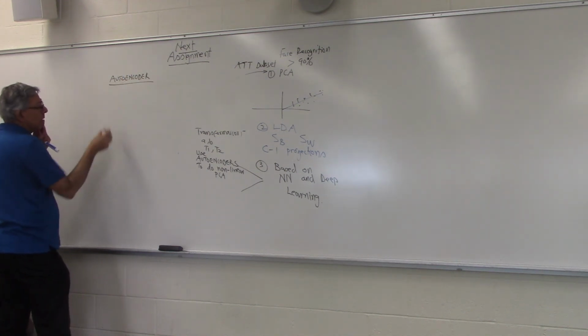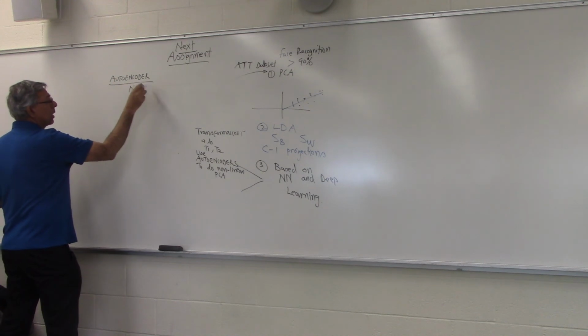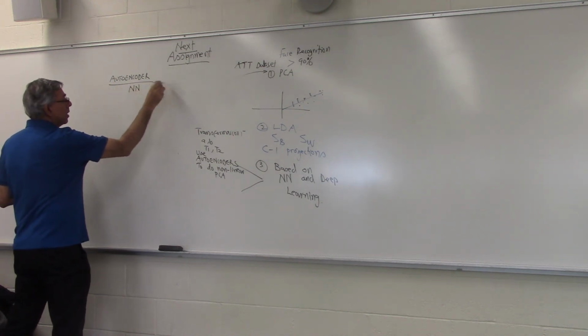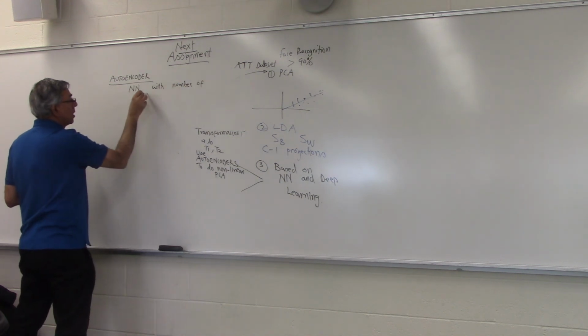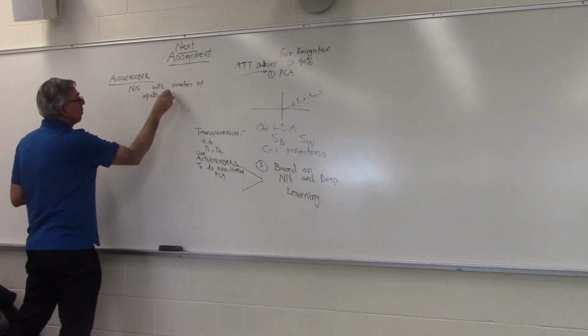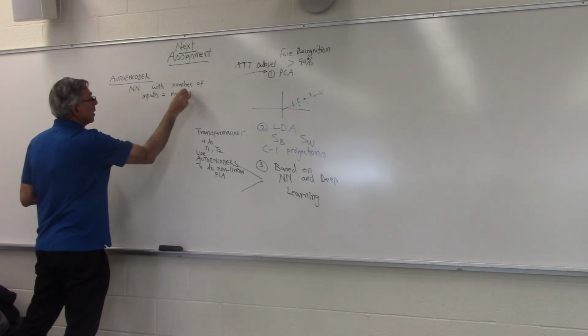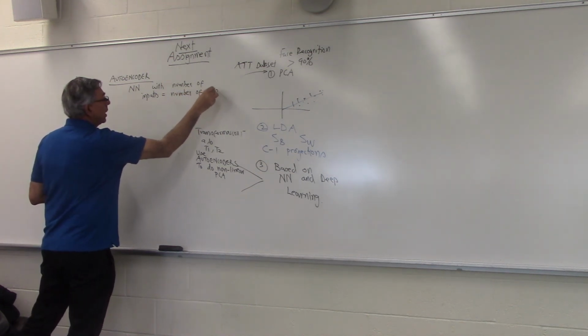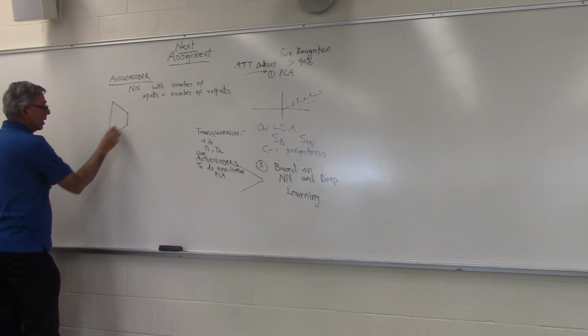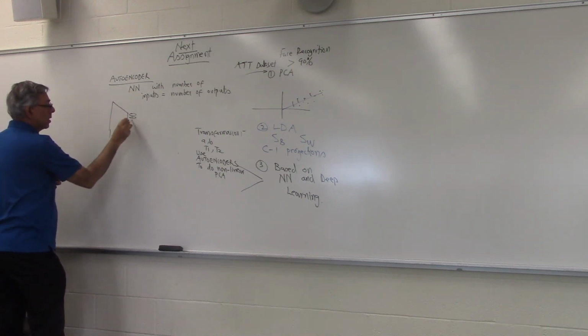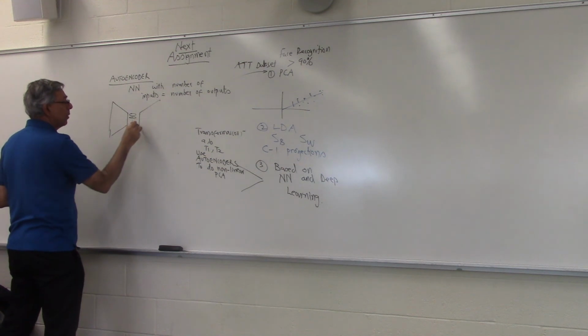An autoencoder is basically a neural network with the number of inputs equal to the number of outputs. So basically, it compresses the data, then it decompresses the data.